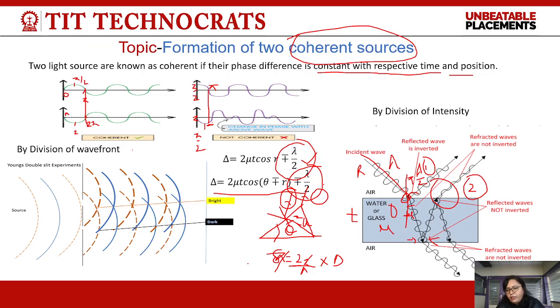Either it can be subtracted from the path or it will be additional to it. So this is all about the formation of coherent sources and thin film interference.